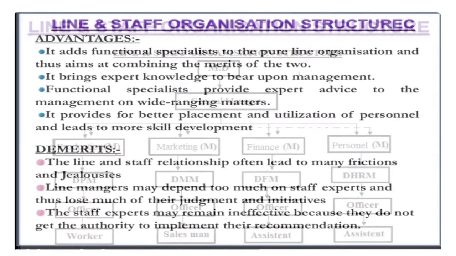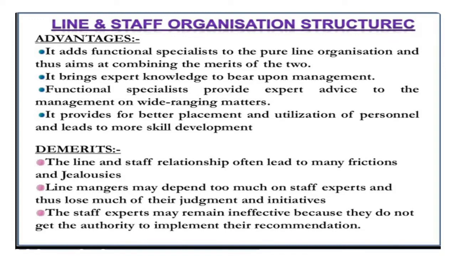Okay. Then coming to the advantages of line and staff: it adds functional specialists to the pure line organization and the same sector, combining the merits of the two. Okay. So Corona, we know very well.